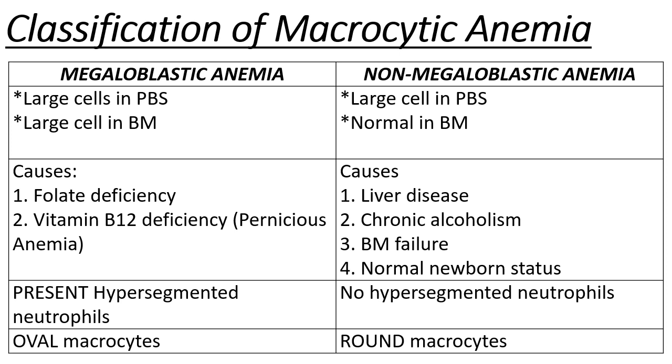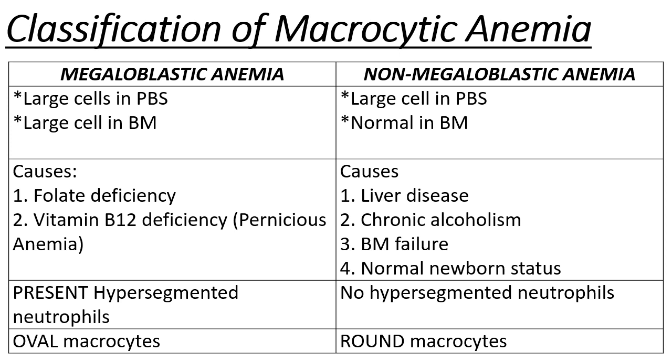Sa megaloblastic anemia muna tayo. It is primarily caused by vitamin B9 deficiency or the folate deficiency and vitamin B12 deficiency or cobalamin deficiency, which might be caused by pernicious anemia. Natatandaan nyo kanina, di ba?